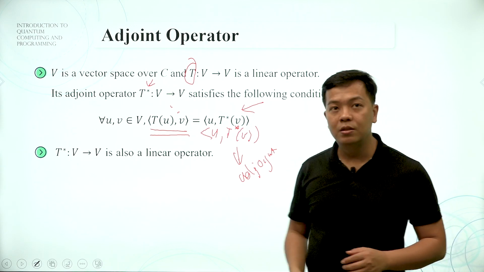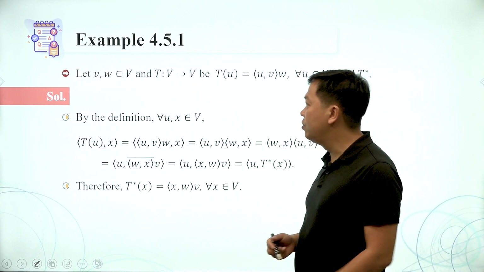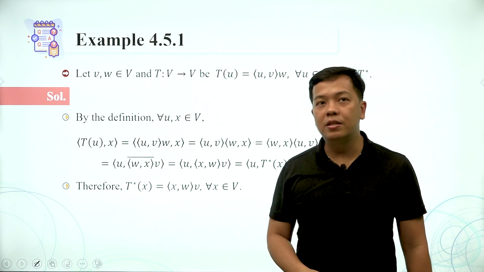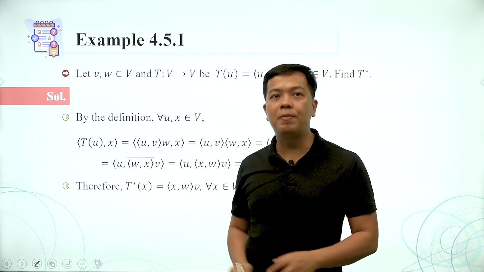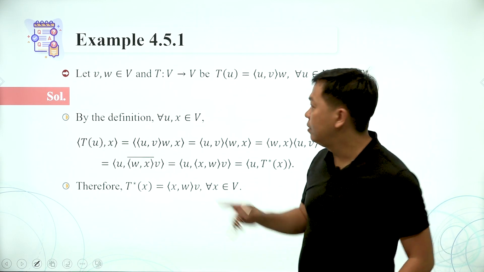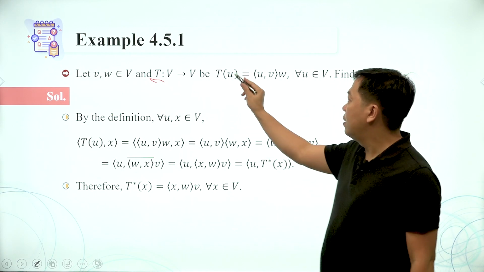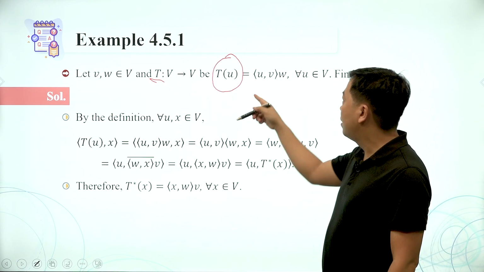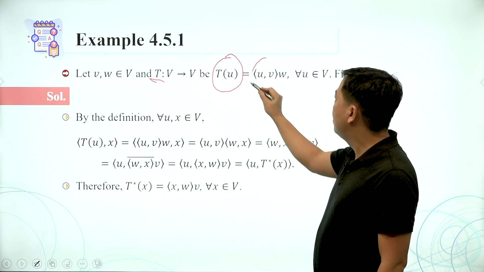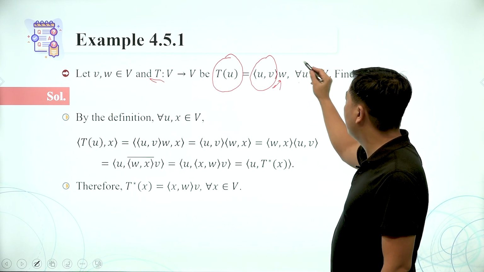For example, we have two vectors u and v in the same vector space V. After we apply the linear operator, we can multiply u and v by a constant.